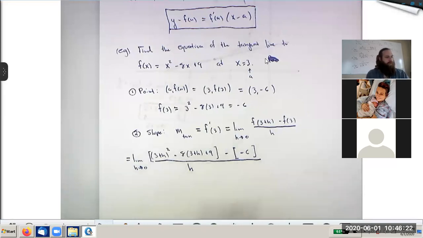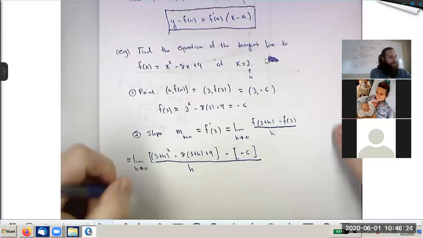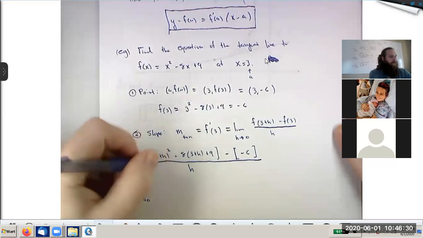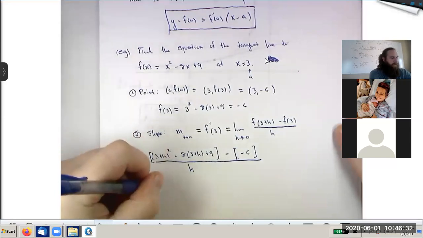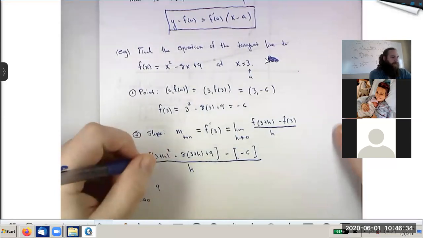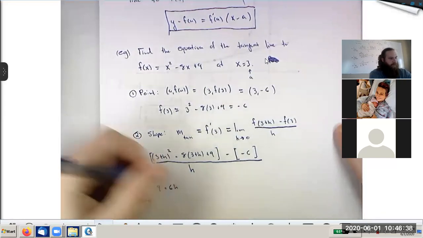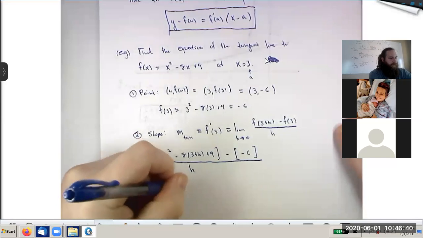Okay. So we've got the limit as h goes to 0. I'll square this out. 3 plus h all squared is 3 squared, plus 2 times 3 times h is 6h, plus h squared.